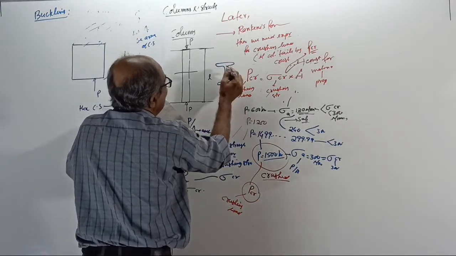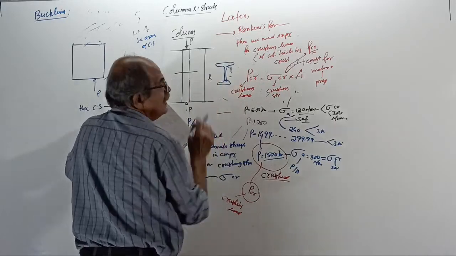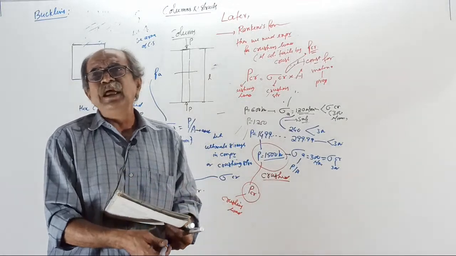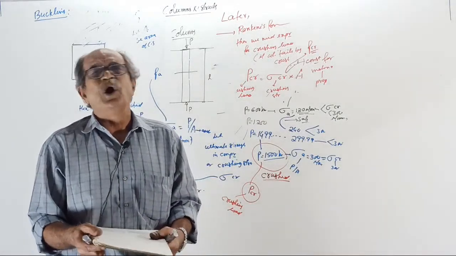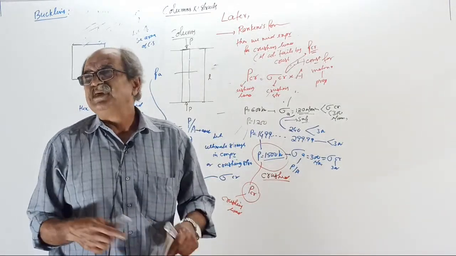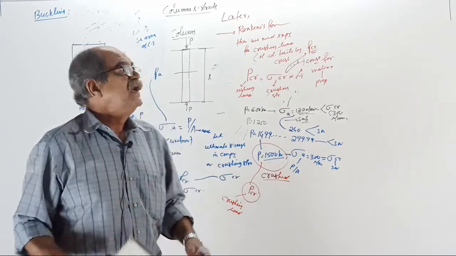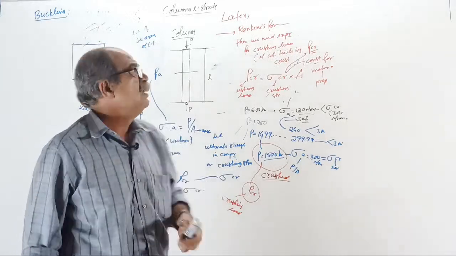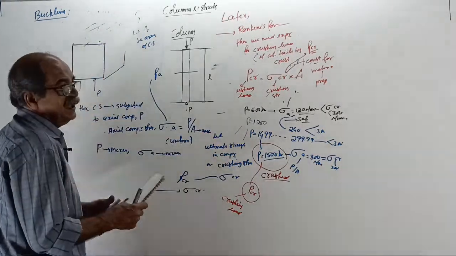This is buckling, this is crippling. Therefore, I will use the word buckling only. Sometimes people call it crippling, okay, no problem, but the same person in steel will tell you buckling is separate and crippling is separate. Then why should I call it crippling now? I will call it buckling.